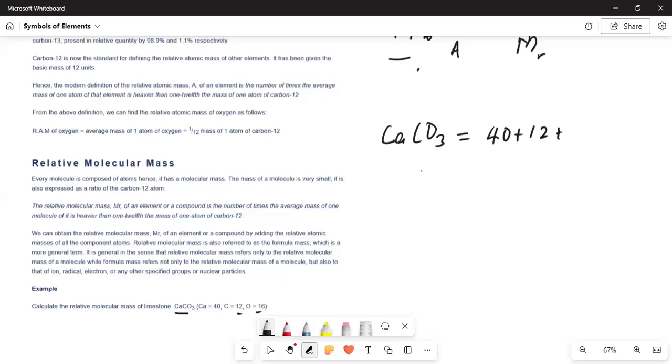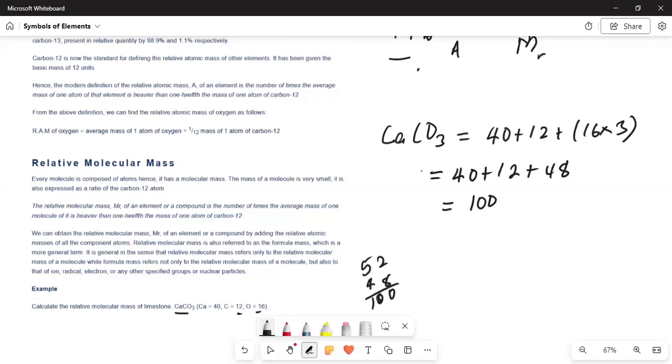This 16 is for one atom of oxygen, so for three atoms of oxygen we multiply 16 by 3. So we have 40 plus 12 plus 16 times 3, which is 48. Now 40 plus 12 is 52. 52 plus 48 is 100. So the mass of calcium carbonate is 100, the relative molecular mass.